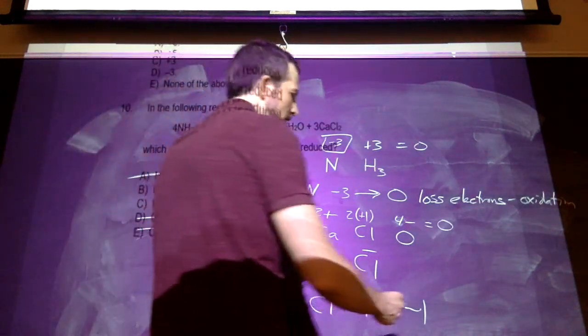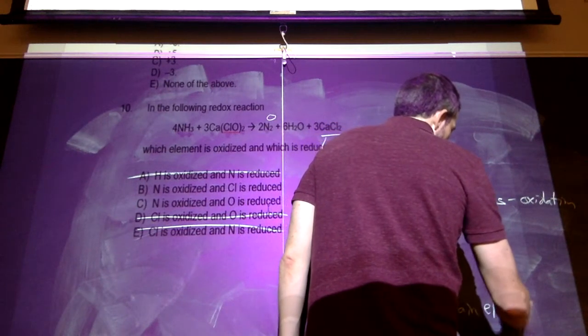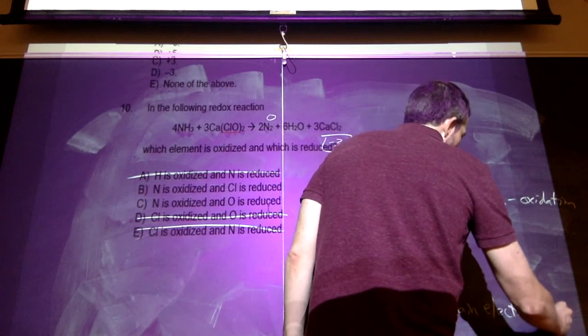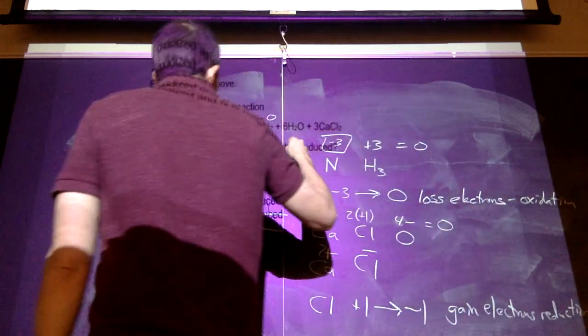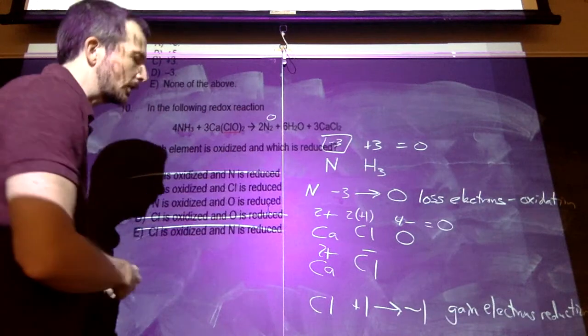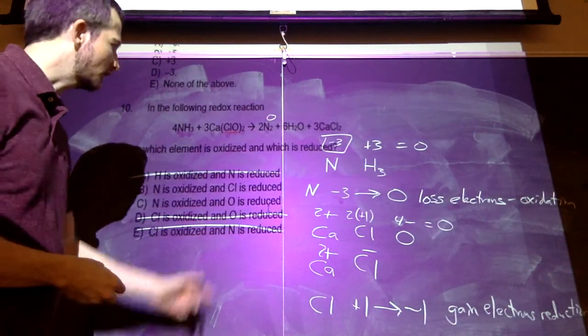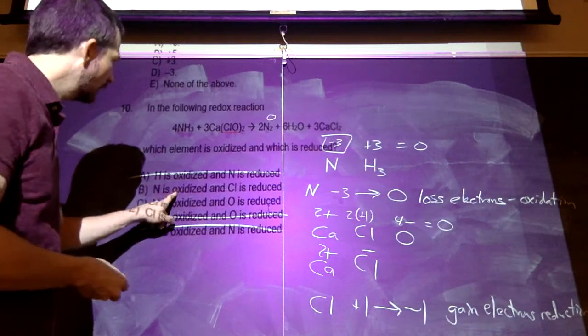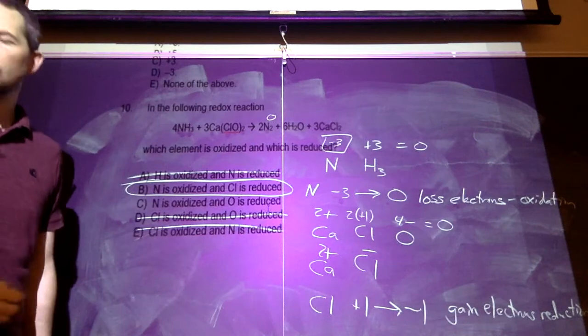So a gain of electrons is reduction. If you look at water, oxygen is 2- in both of them, so it stays the same. So it's this one here, nitrogen is oxidized, chlorine is reduced.